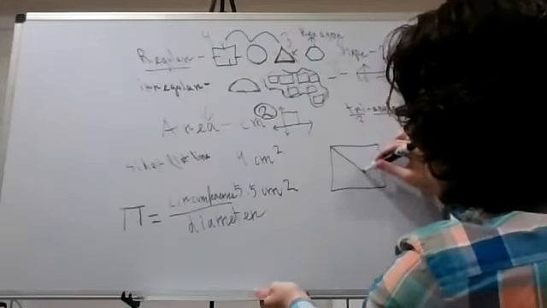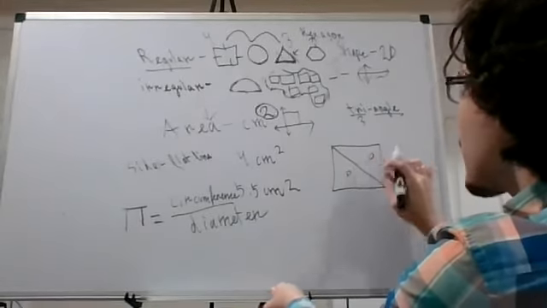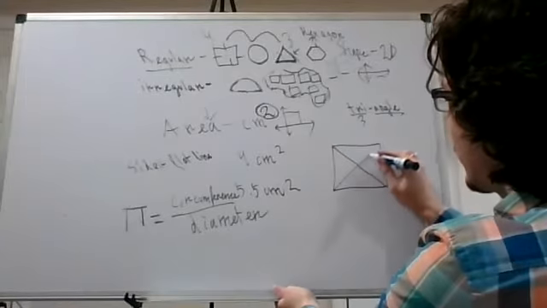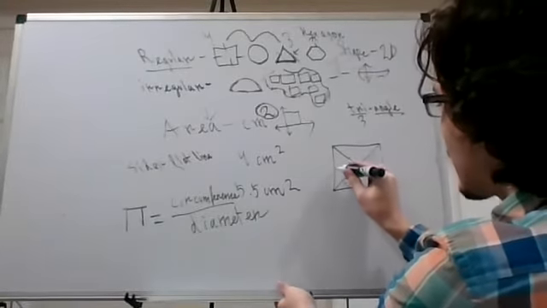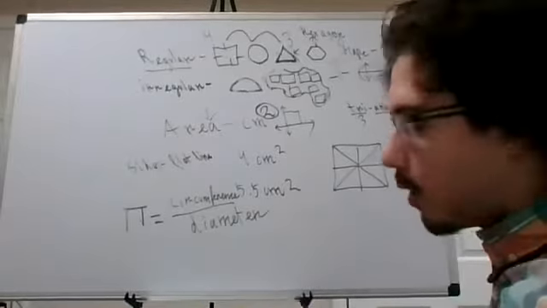We can say that the square is built up of 2 triangles put together like this, or that the square is 4 triangles like this, or 8 triangles, or so forth.